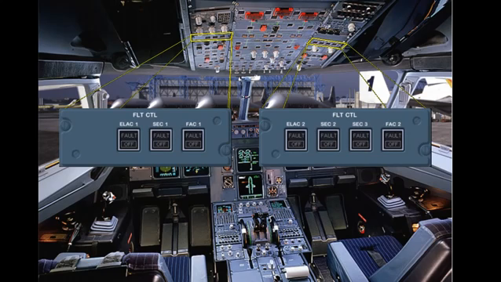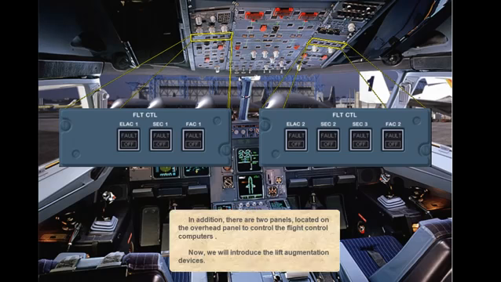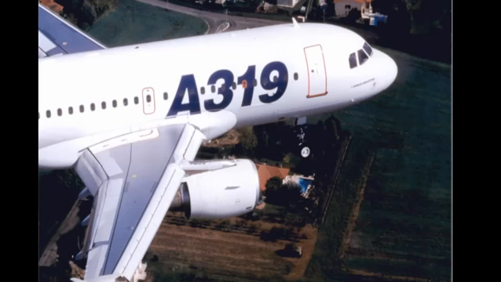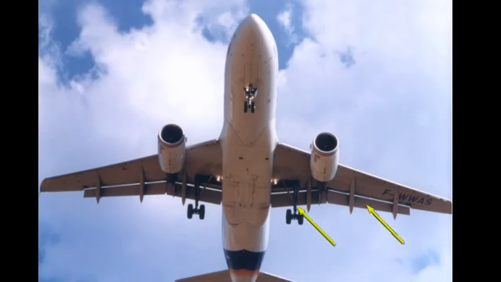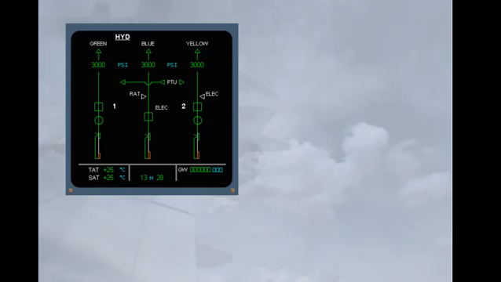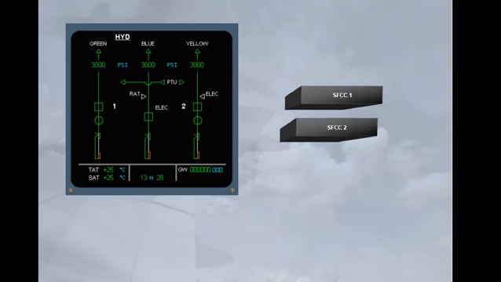Now we will introduce the lift augmentation devices. There are 5 slats on each leading edge and 2 flaps on each trailing edge. The slats and flaps are hydraulically actuated like all the other surfaces.